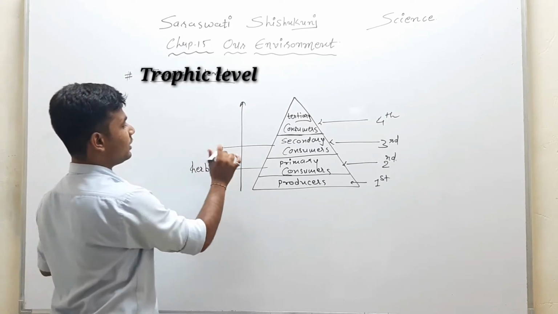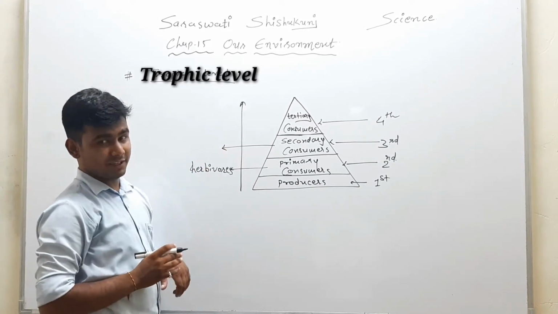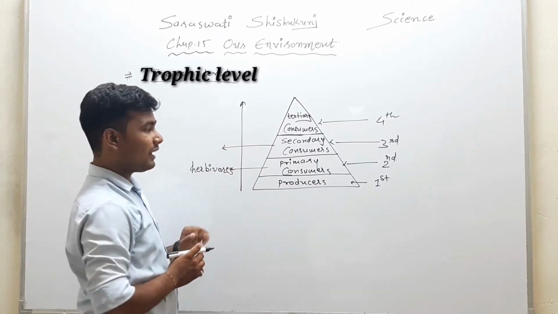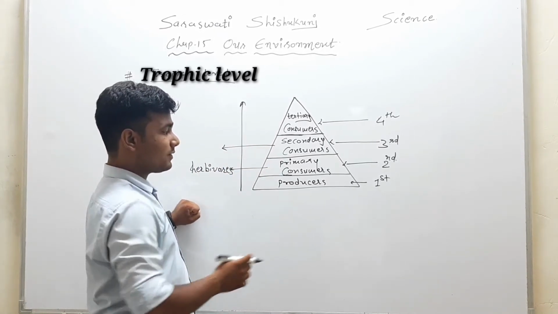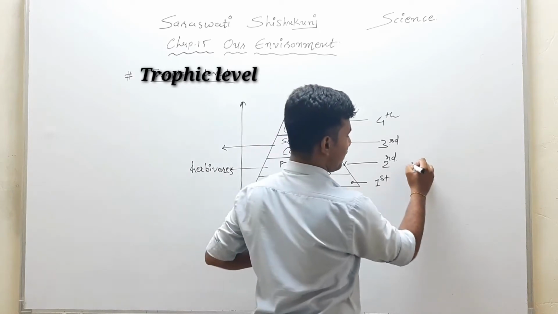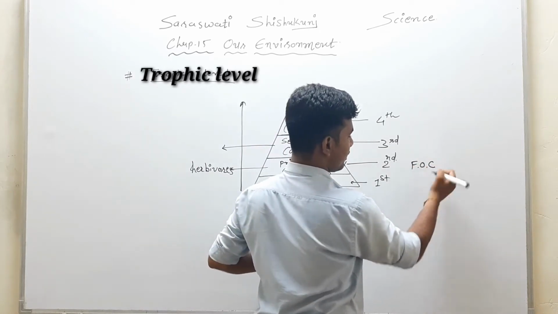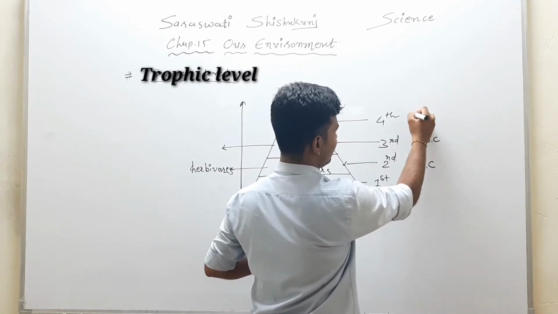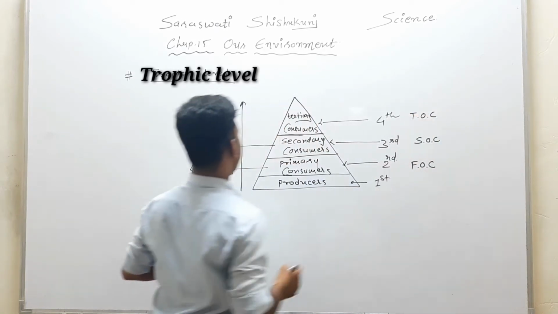So here, if we talk about the trophic levels, first, second, third and fourth, as we have studied, this is our first order consumer, this is our second order consumer, and this is our third order consumer.